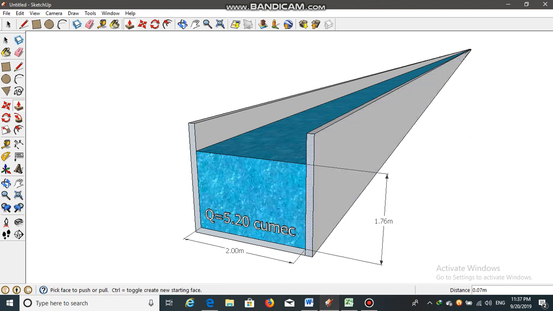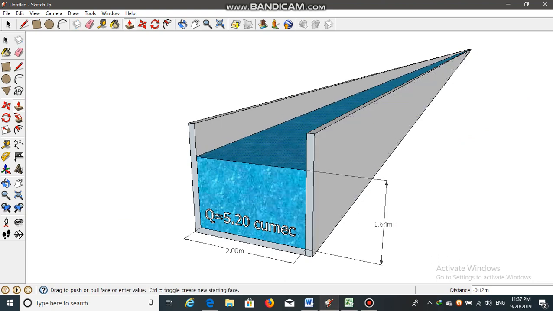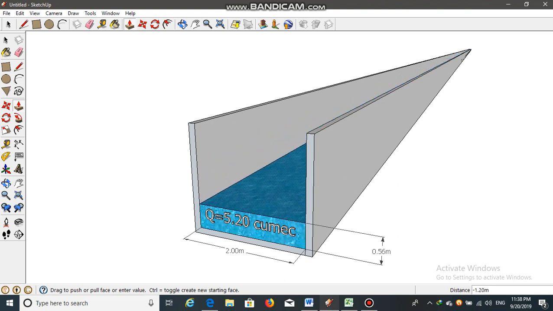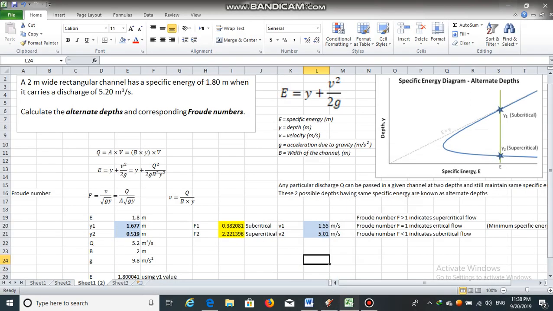One value, 1.677, is the subcritical depth, and the supercritical depth is 0.519, having higher velocity, a velocity of 5.01 meter per second.